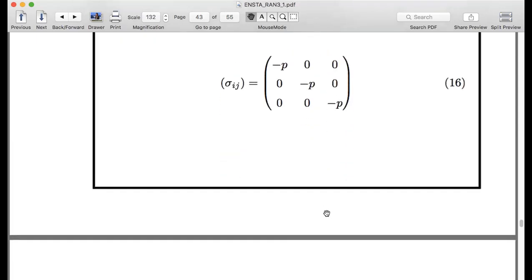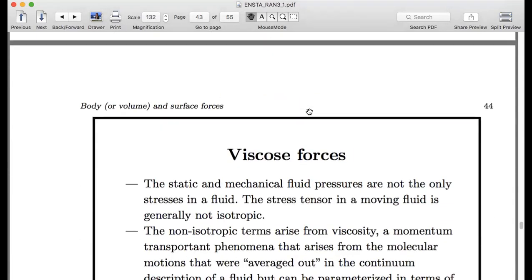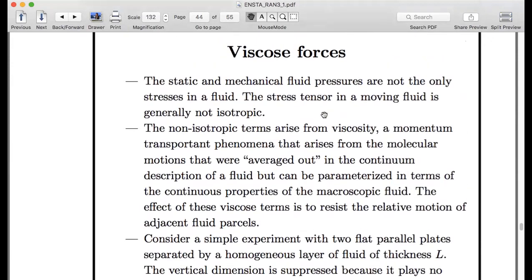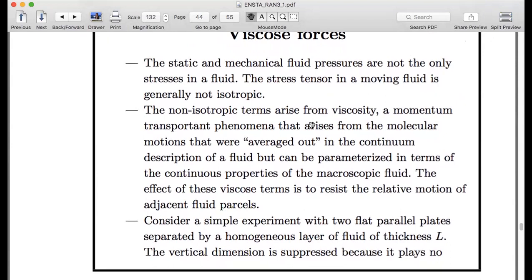So this is an isotropic tensor, and the tensor is isotropic when the fluid is static, but it's not necessarily isotropic everywhere when the fluid is moving. And indeed, it won't be in general. So the non-isotropic terms arise from the viscosity.